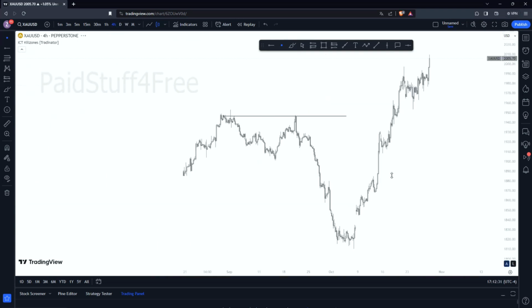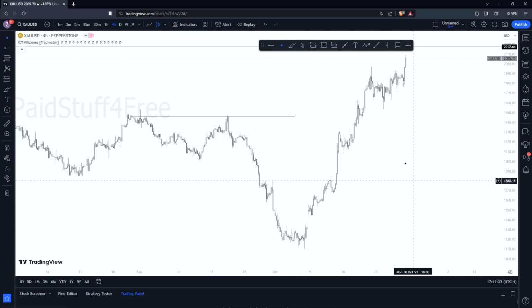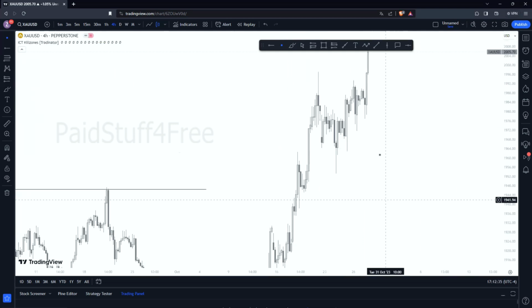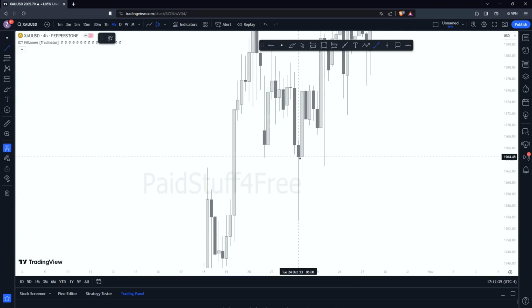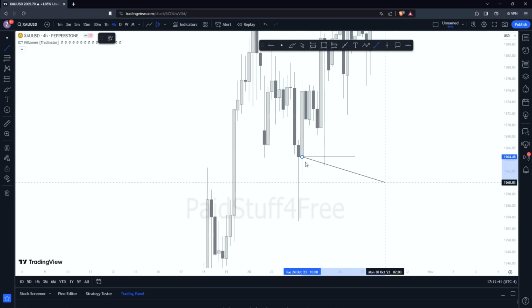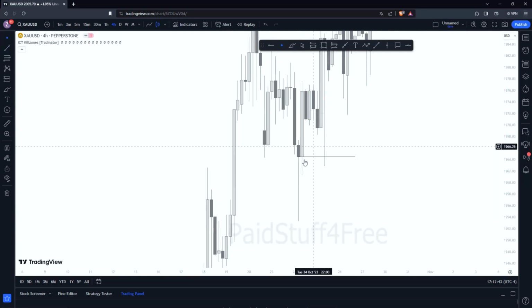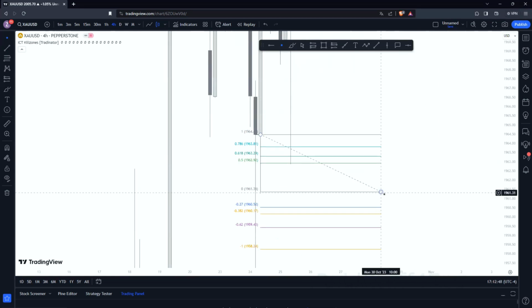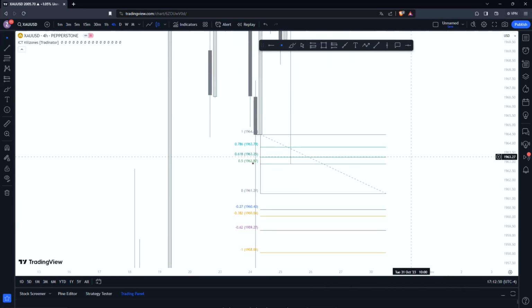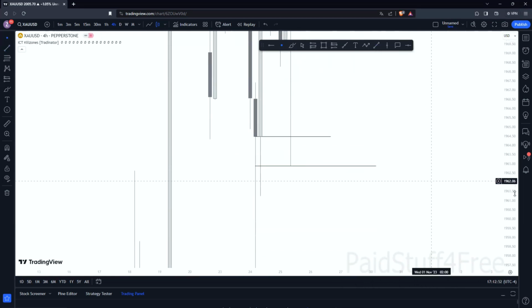Oh my God, I don't remember when was my last CE entry. For example, let's say this level, instead of taking it there, we just want to take the 50% of this wick right here, and boom, right?